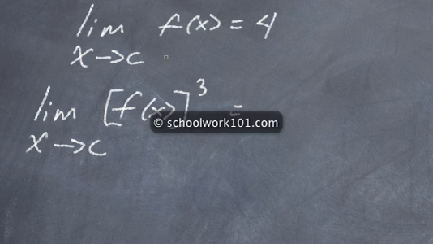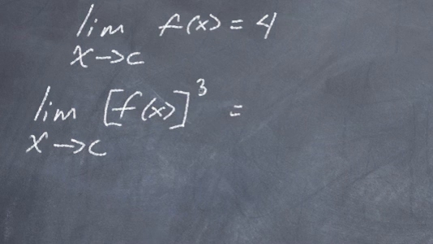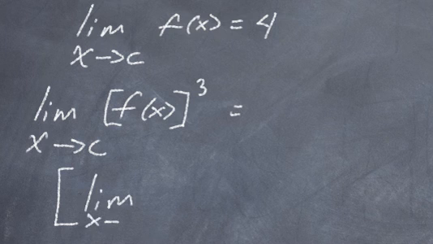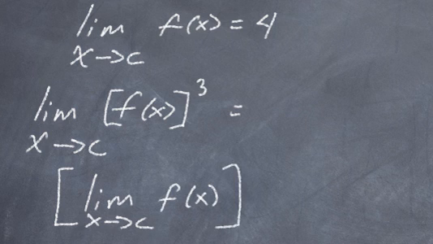Okay, so what we can do here, by the properties of limits, is take this bracket and actually bring it out, and this is going to become really useful when we're solving some limits.